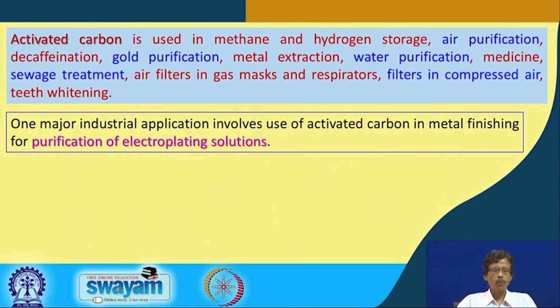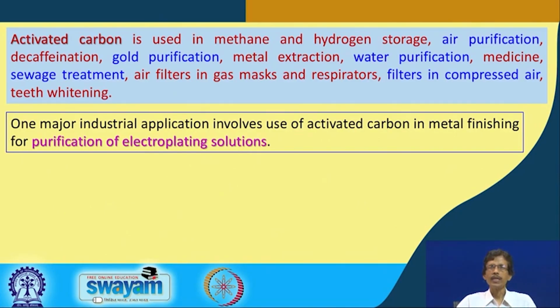Then one most important industrial application involves the use of activated carbon in metal finishing. If we go for an electroplating process, then the electroplating solution needs purification. Suppose we want to do nickel plating, gold plating, or silver plating.